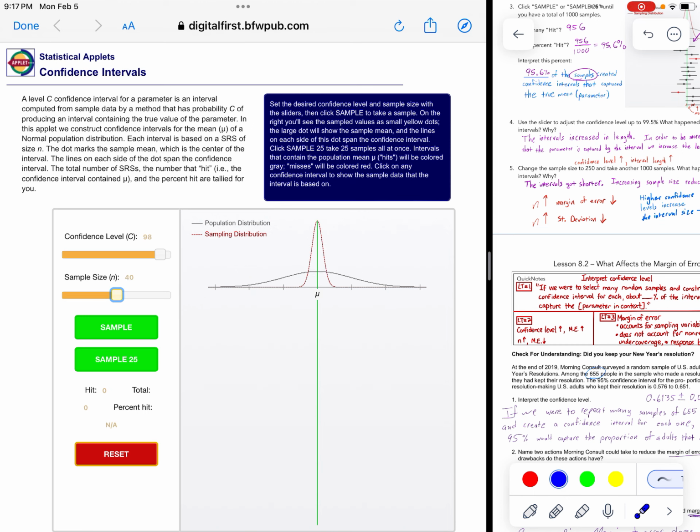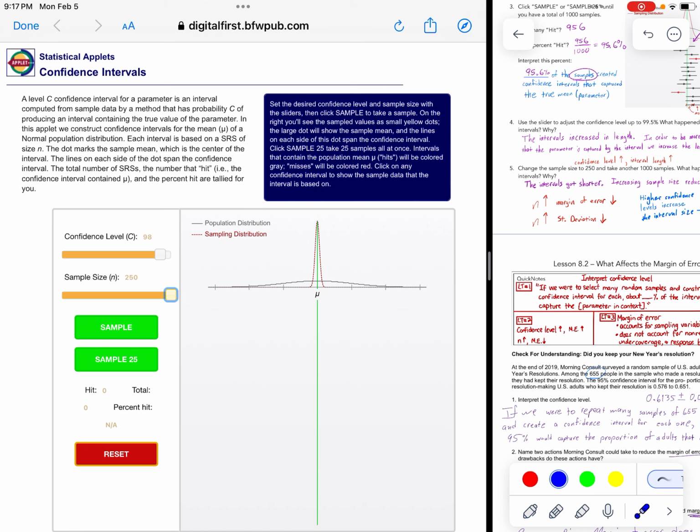There's 40. The red dotted curve got a little bit taller and a little bit more tight, smaller standard deviation. 75 got tighter yet. 150, look, it's really getting closer and closer to that green line. 200, the standard deviation is shrinking.